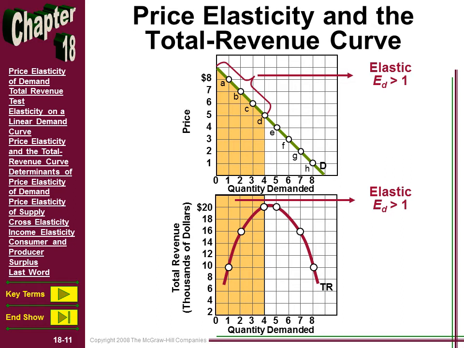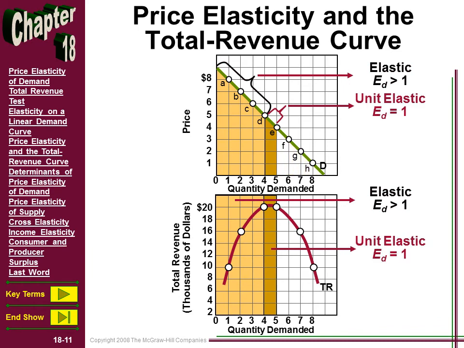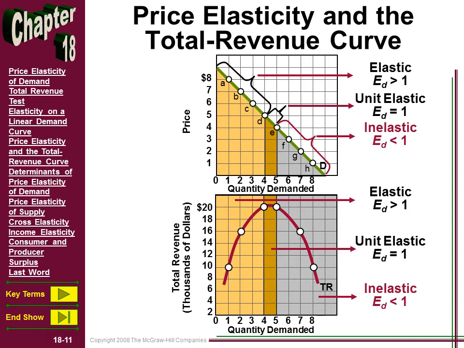Then we have that middle part of the demand curve where we say demand is unit elastic, and for us that was that $4 to $5 price range. So a change in price does not actually impact total revenue whatsoever. And then finally we have the relatively inelastic, this southeast region of the demand curve, the lower right-hand portion, where demand is relatively inelastic, where consumers are not all that responsive to change in price.